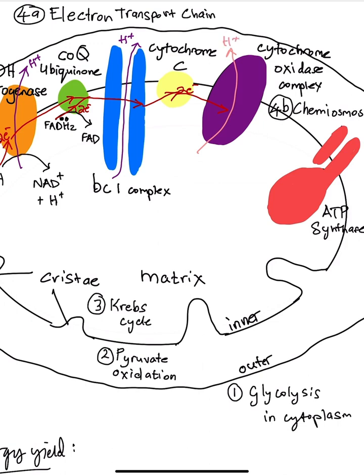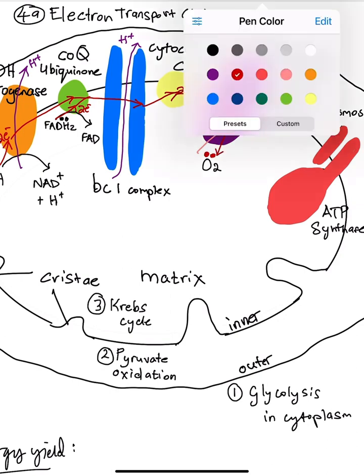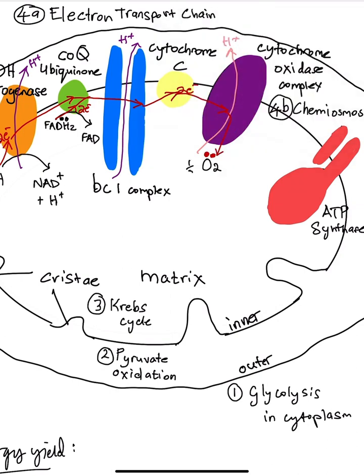At this complex, oxygen serves as the final electron acceptor. So oxygen will be reduced. It will combine with 2 protons here in the matrix, and a water molecule will result.